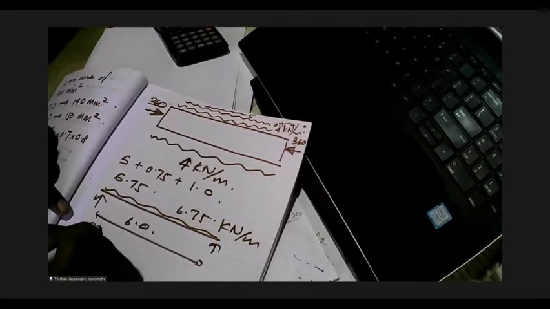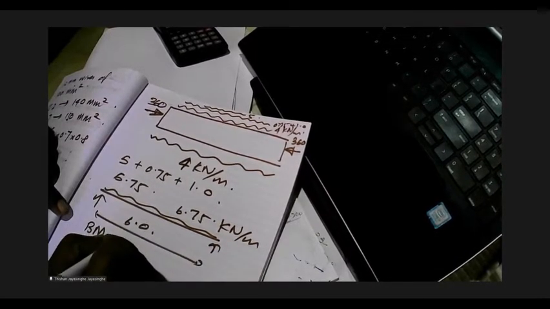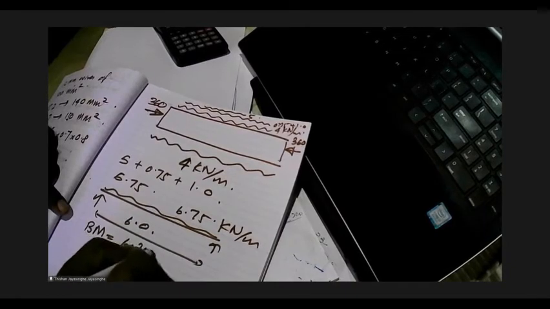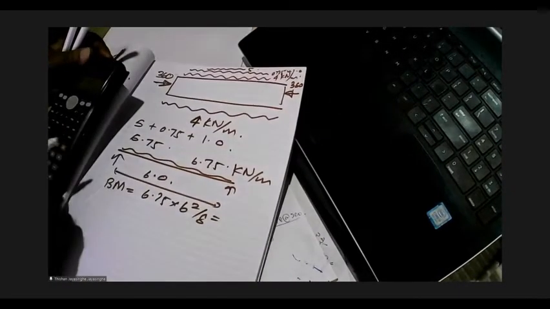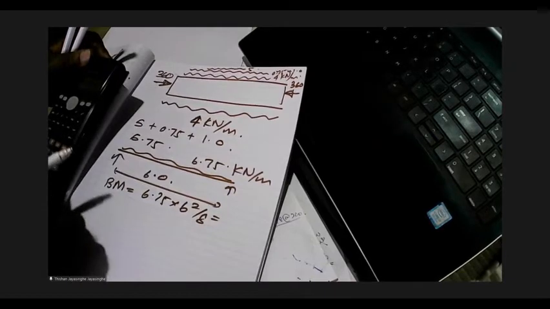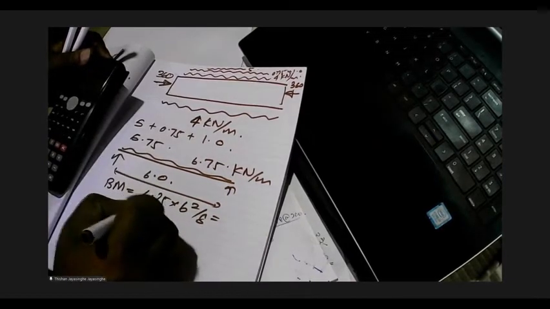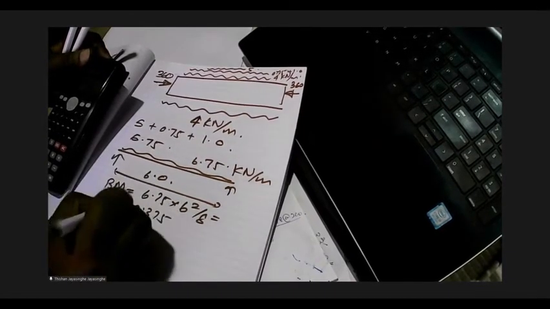So the bending moment is 6.75 into 6 squared divided by 8, that is 6.75 multiplied by 36 divided by 8, which is 30.375.